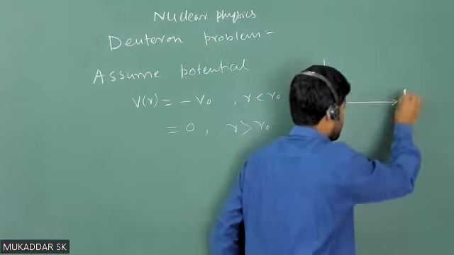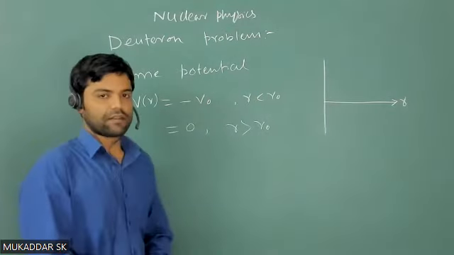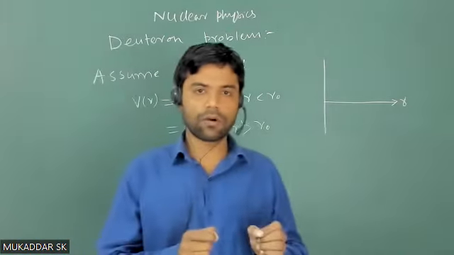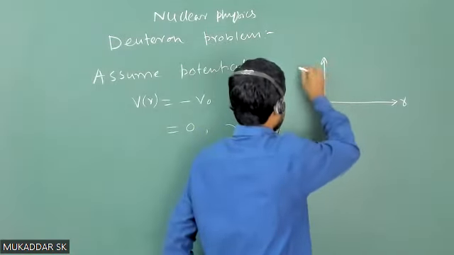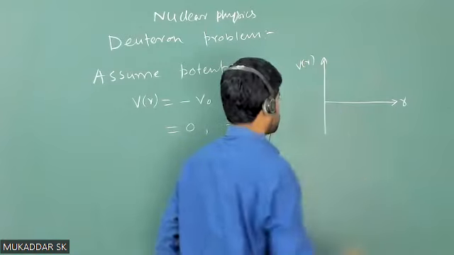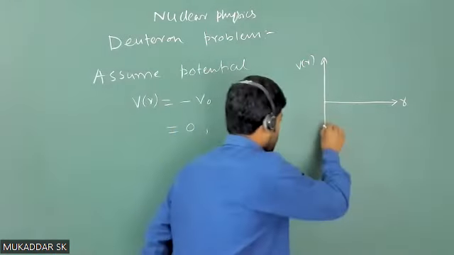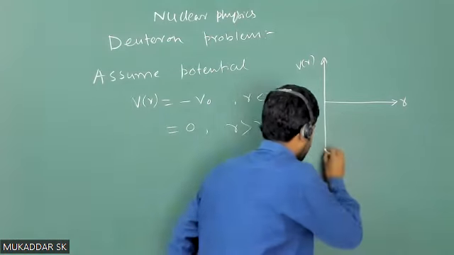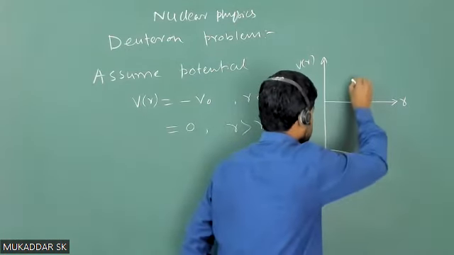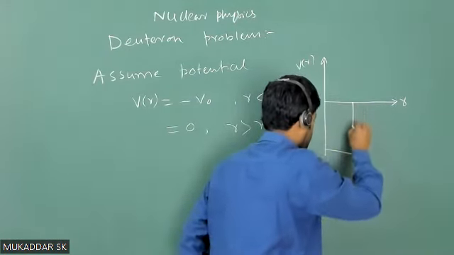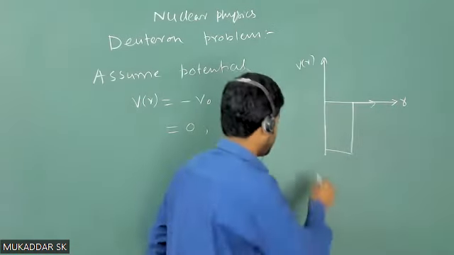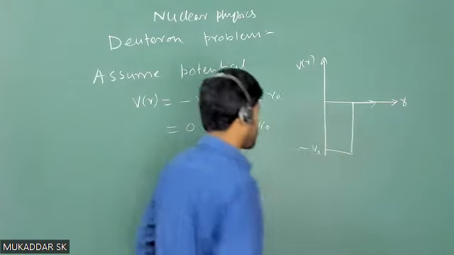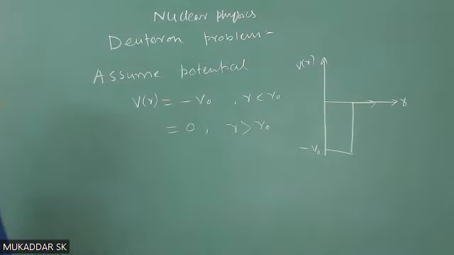On this axis you have the distance between neutron and proton inside Deuteron, and along the y-axis you have V of r. If we plot it, the curve will be like this, and this strength is V naught with a minus sign.